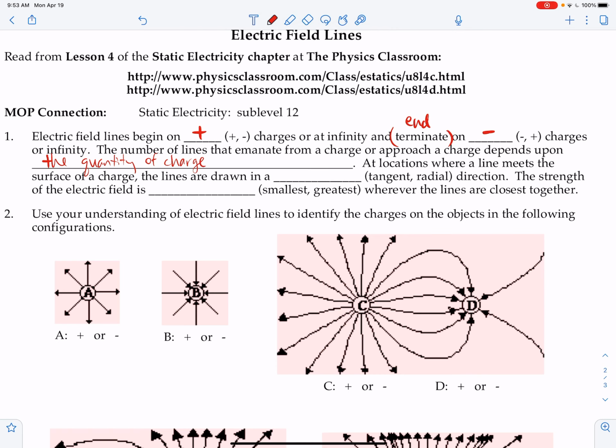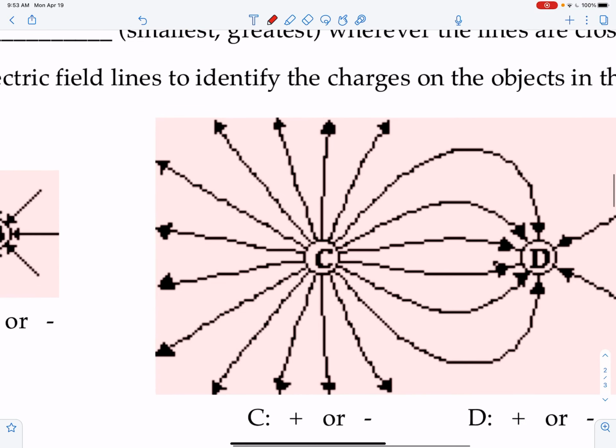Something that has a lot of coulombs of charge would have a lot of electric field lines going out of it. At locations where a line meets the surface of a charge, the lines are drawn in a radial direction. Like this, here's the surface of this charge, and where those electric field lines intersect the surface, they're drawn radially. That means outward, like this.